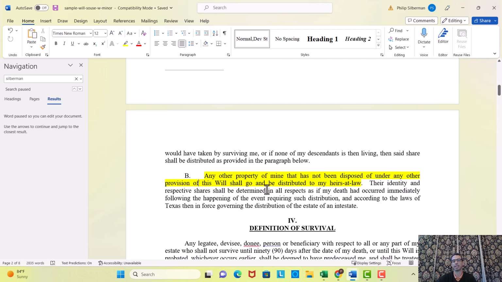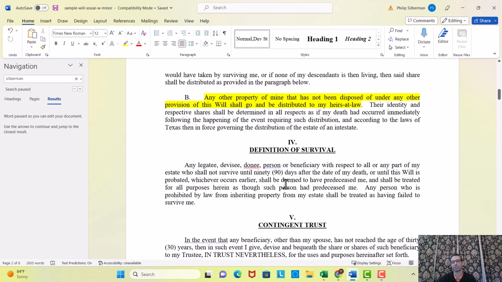So if anything's not specifically enumerated in the will, specific bequests or gifts aren't enumerated, then this residuary clause kind of catches everything and disposes it accordingly. So you've got a very important residuary clause here.